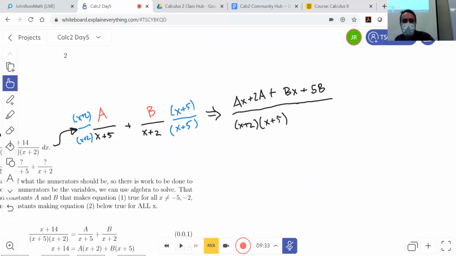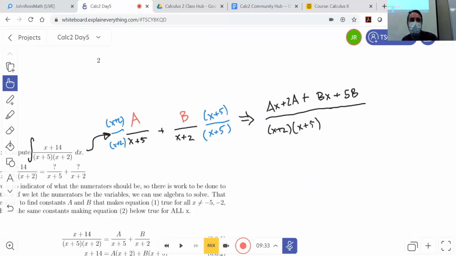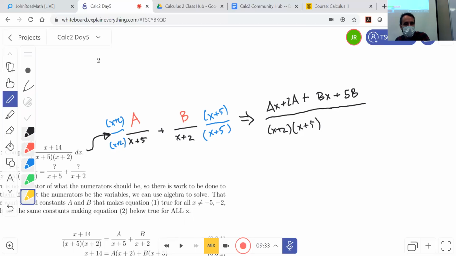And so I guess, why have we done this? We're trying to figure out what A and B should be. We know that when we rewrite this over a common denominator, it should equal this original piece right here, right? The x plus 14 over x plus 5 times x plus 2.